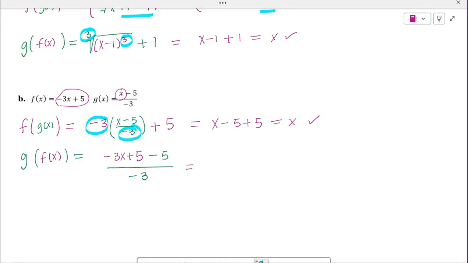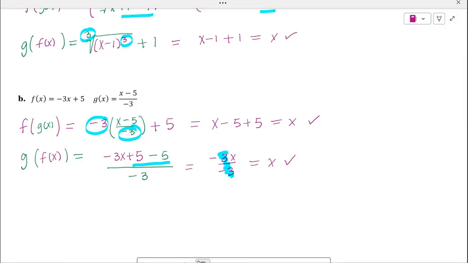In the numerator here, the plus 5 and the minus 5 will cancel each other. We'll have negative 3x over negative 3, and then those two negative 3's will cancel each other, and we end up with x.